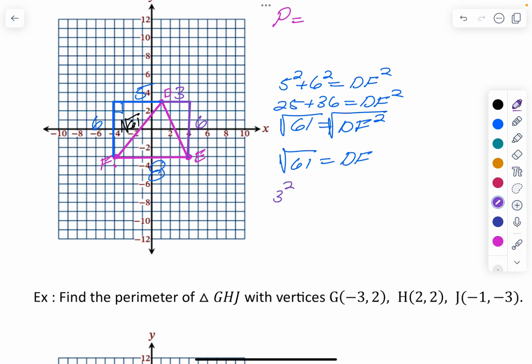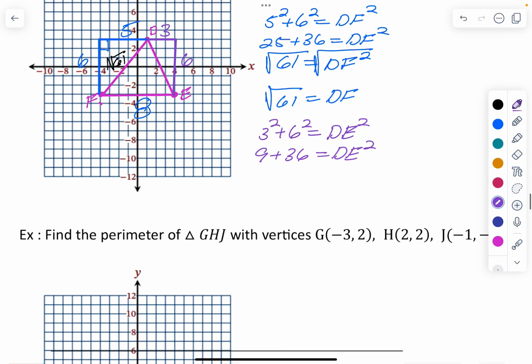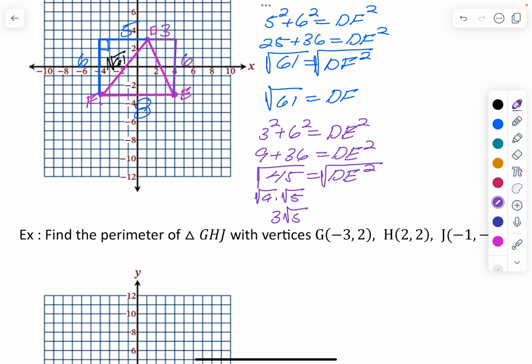So 3 squared plus 6 squared equals DE squared. 9 plus 36 equals DE squared. 45 equals DE squared. And we're going to square root both sides. Now 45, remember, is like square root of 9 times square root of 5, where 9's a perfect square. So we're going to get 3 square root of 5 is DE.